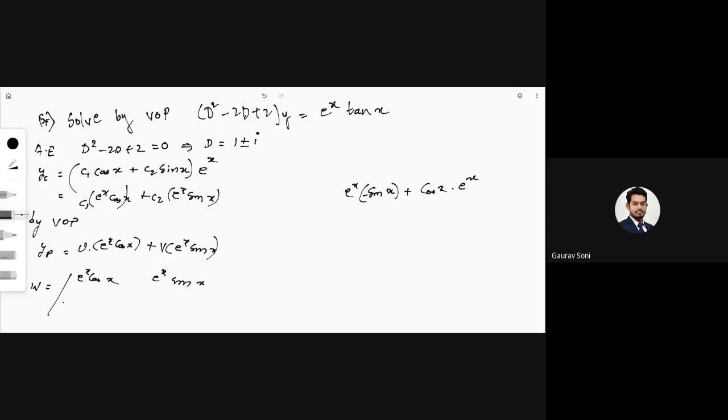So the derivative here is e to the power x in bracket cos x minus sin x. Now the derivative of e to the power x sin x: e to the power x as it is, derivative of sin x is cos x, plus sin x as it is, derivative of e to the power x is e to the power x. So here I will have e to the power x in bracket cos x plus sin x.